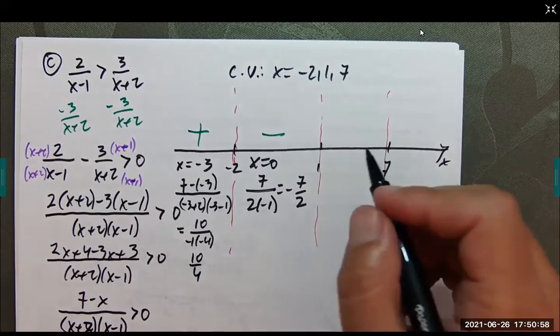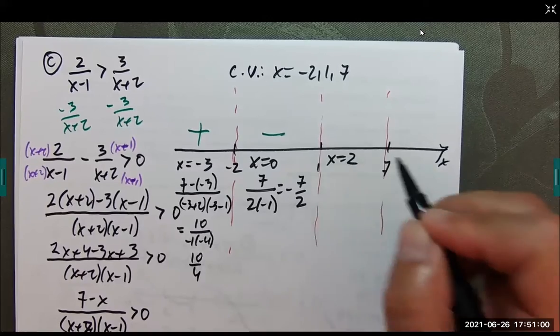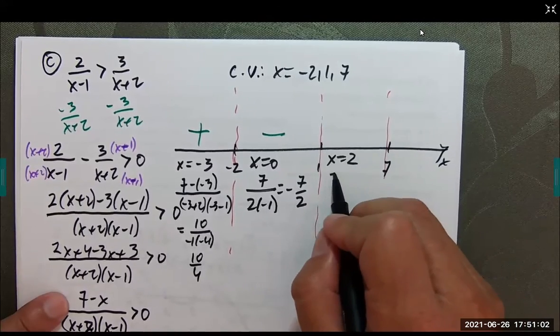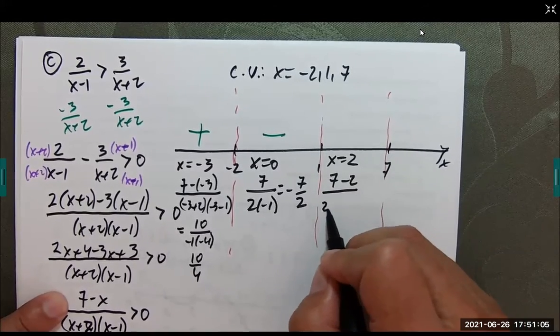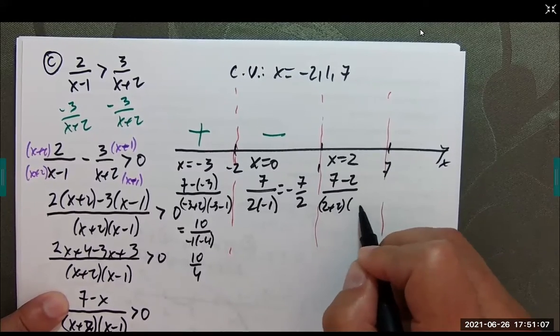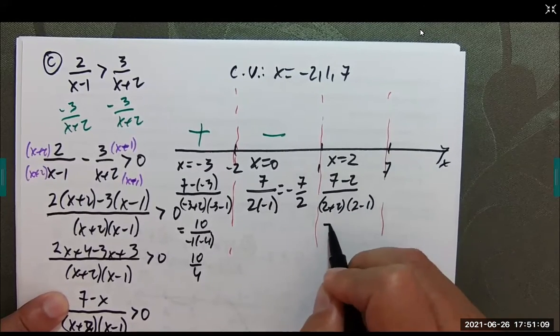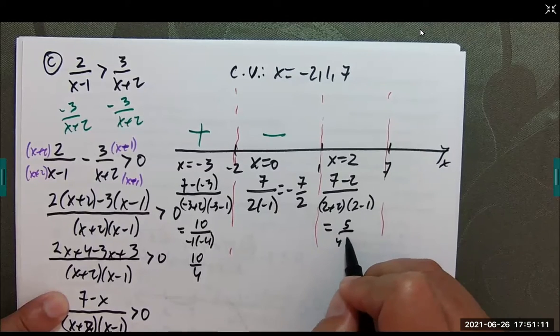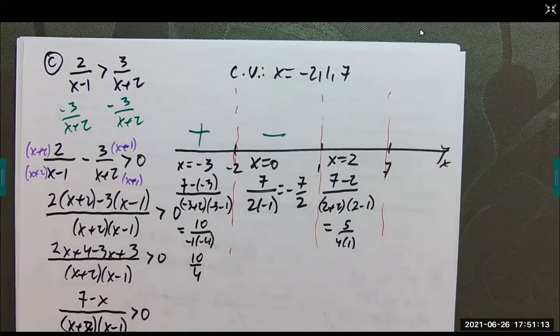So between 1 and 7, let's do x equals 2. 7 minus 2 over 2 plus 2, 2 minus 1. 5 over 4 times 1 is positive.